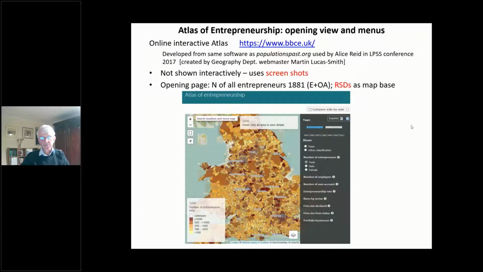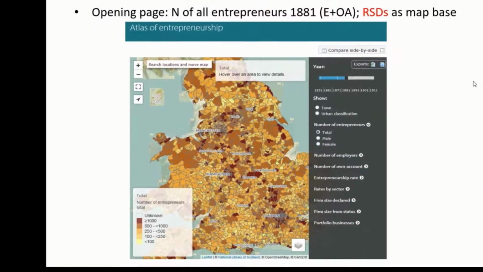So the Atlas opening page looks like this. It gives you a map in 1881 of all entrepreneurs counted in each registration subdistrict, each RSD. And you can tell from the menus on the right here what we're doing.